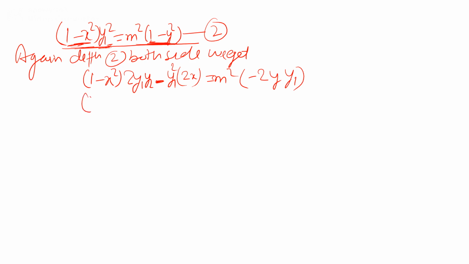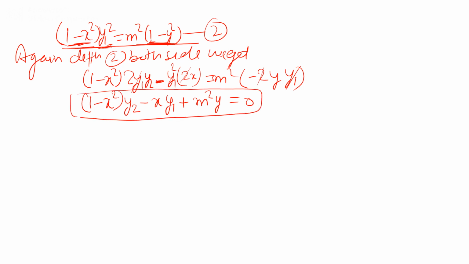So on simplifying we can write (1 minus x square) y2 minus x y1 plus m square y is equal to 0. We just cancel the y1 in the whole equation, and also 2 and 2. So we get that equation, suppose this is equation number 3.